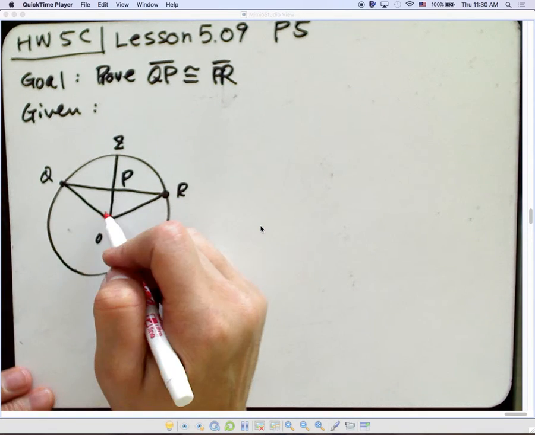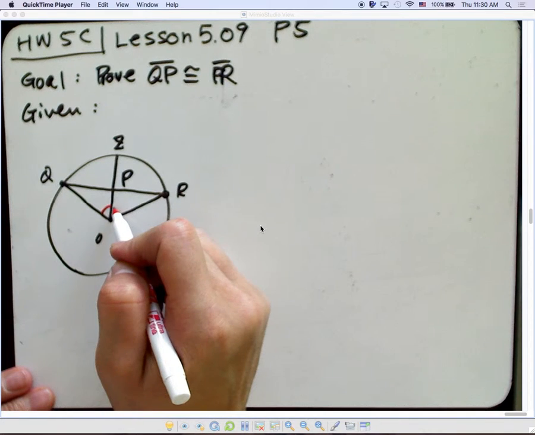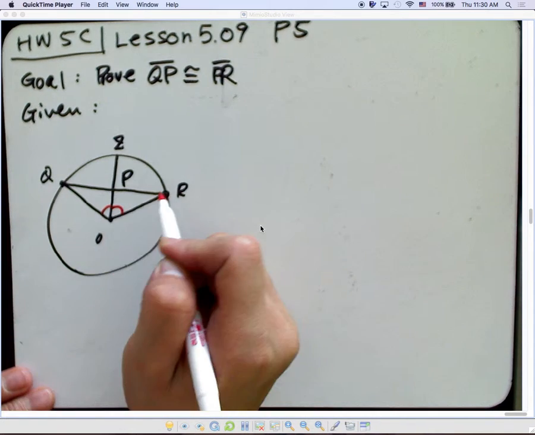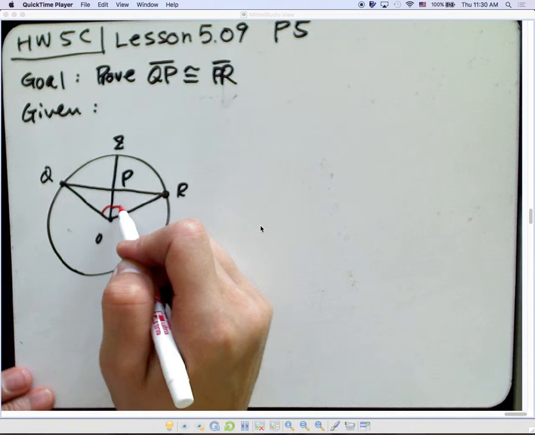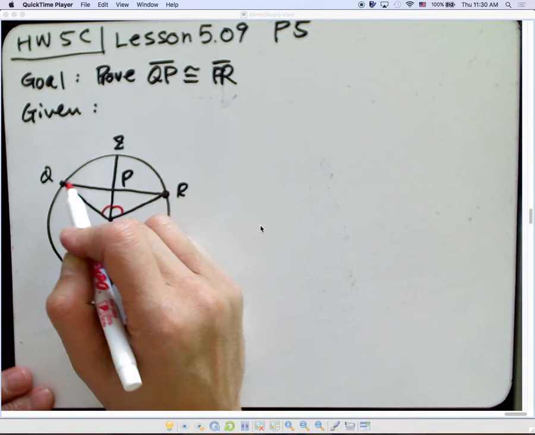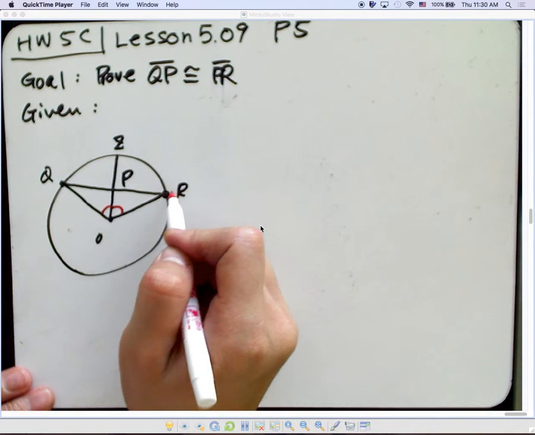That means angle QOP is congruent to angle ROP. So these are congruent.